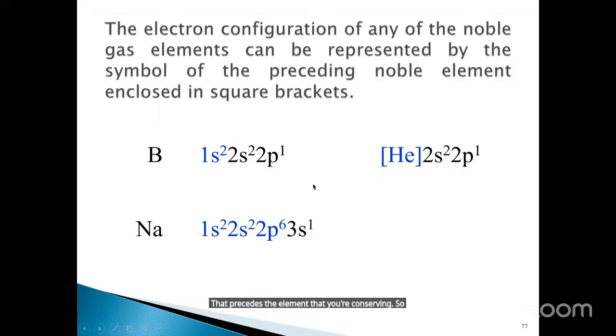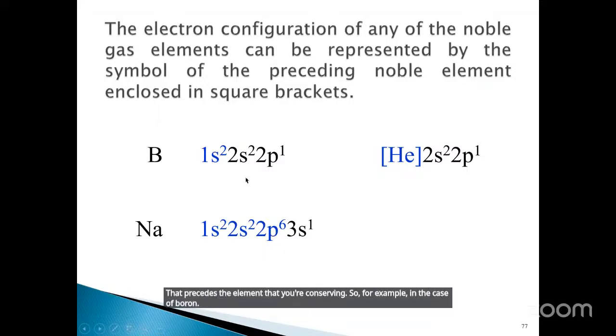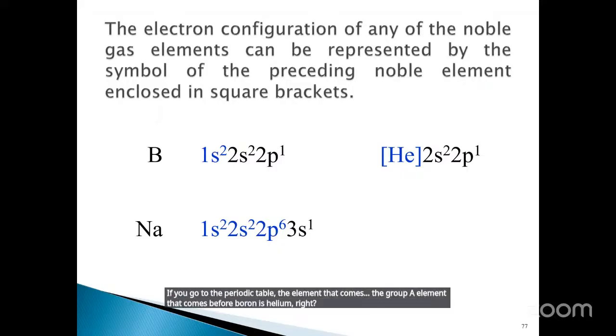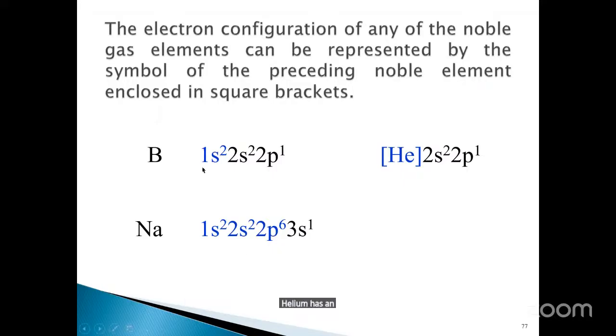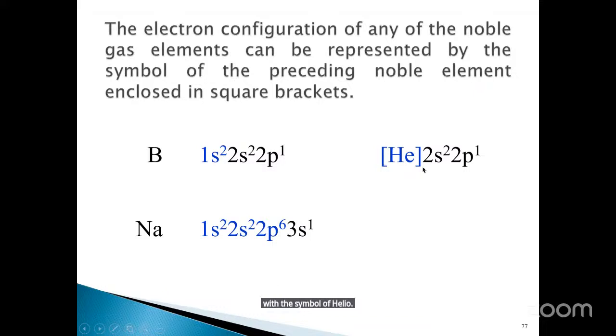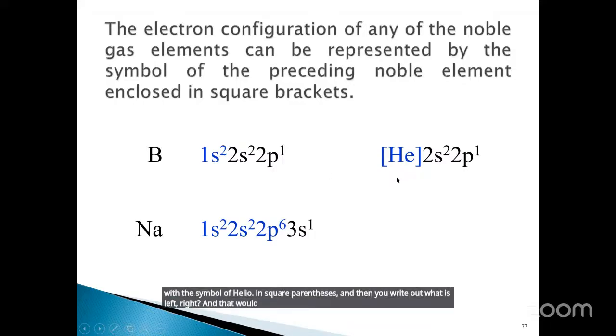So, for example, in the case of boron, if you go to the periodic table, the group 8 element that comes before boron is helium, right? Helium has an electronic configuration of 1s2, right? So to get the abbreviated version, we replace the 1s2 here with the symbol of helium in square parentheses, and then you write down what is left, right? And that would represent the abbreviated version.